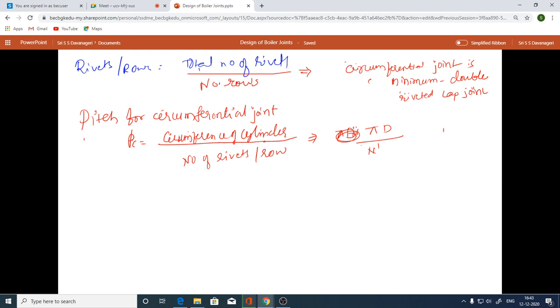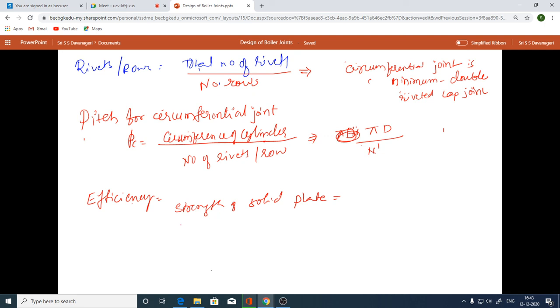Once you have got this, then you go for efficiency. Efficiency is the same again: strength of solid plate. In this case you are going to get a different strength of solid plate because of the change in pitch. The pitch for the circumferential joint is different, the pitch for the longitudinal joint is different.